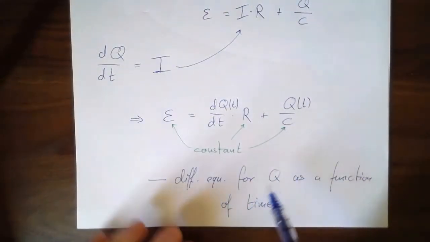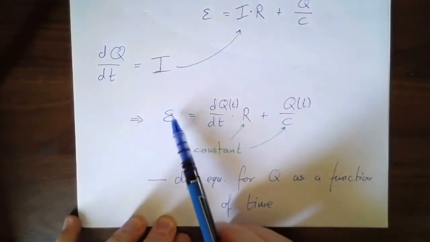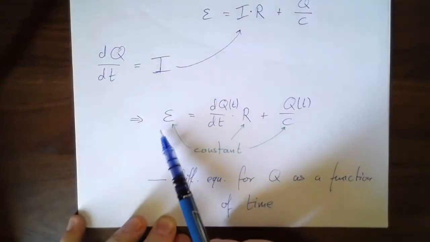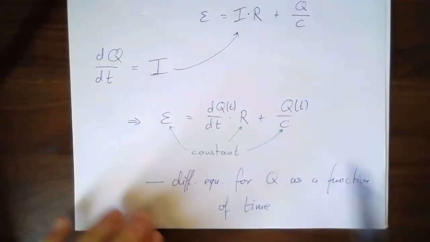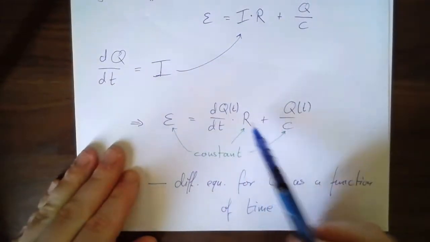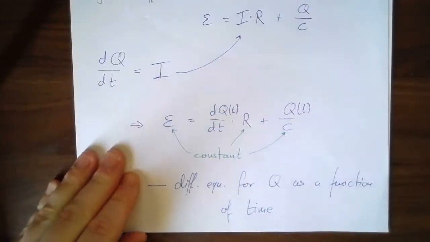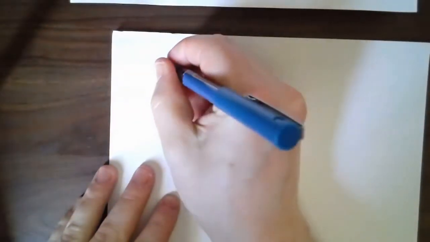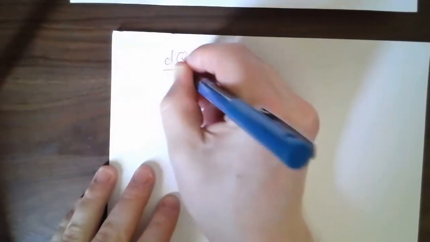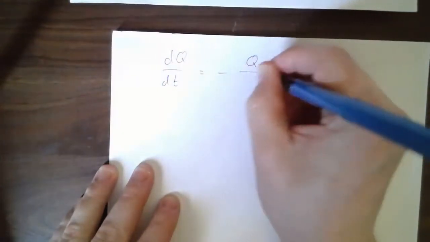It's a different differential equation from before, right? Because there's now this term over here. So let me rearrange this a little bit. I'm just going to divide everything by R and shuffle the terms around. You can double check that I can write this as dQ/dt equal to minus Q over RC.